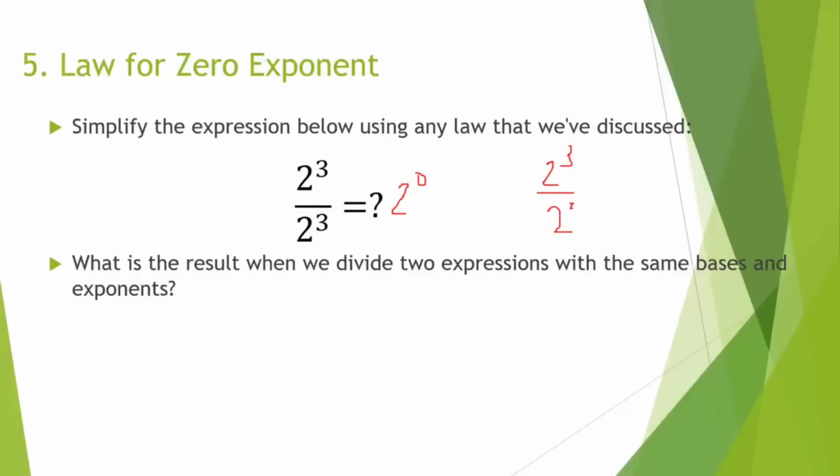And if we are going to expand that, we will have 2 times 2 times 2 over 2 times 2 times 2. And we can cancel.